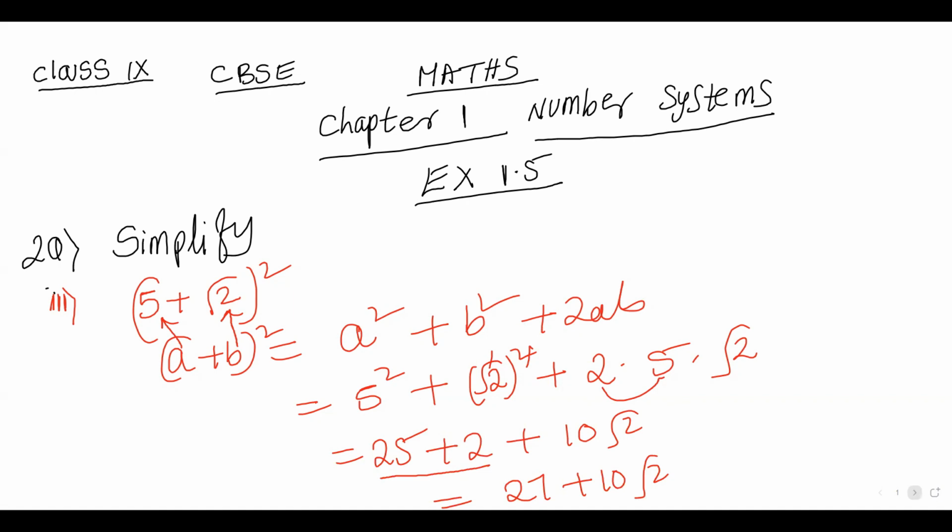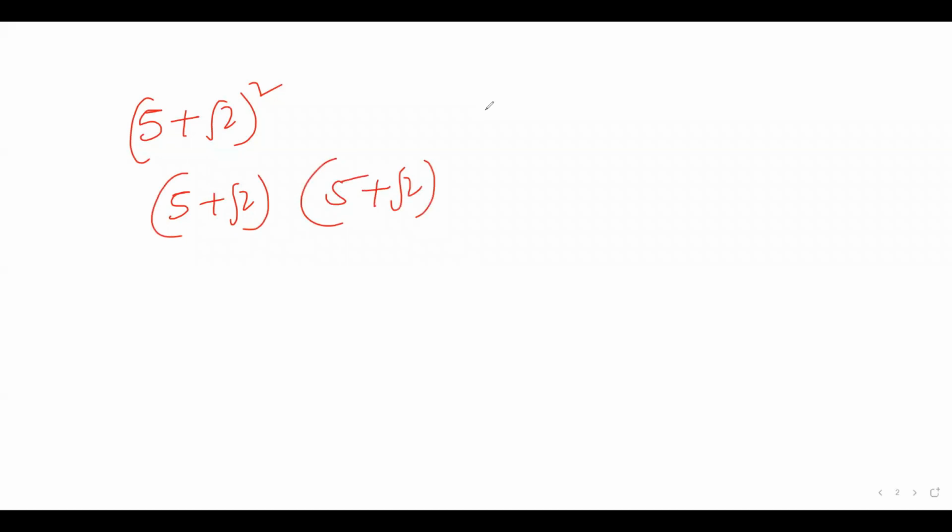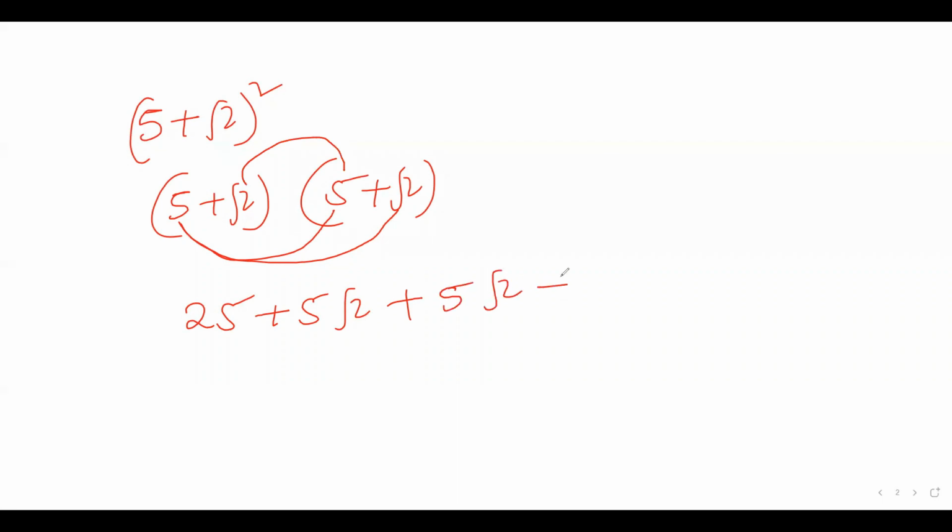If you don't want to apply the formula, you can even do this problem in this way. (5 plus root 2) whole square is nothing but (5 plus root 2) into (5 plus root 2). 5 5s are 25. 5 root 2s are 5 root 2. Root 2 5s are again 5 root 2.